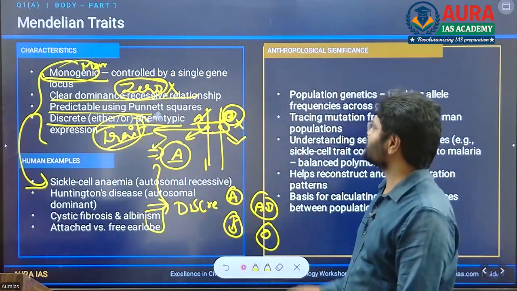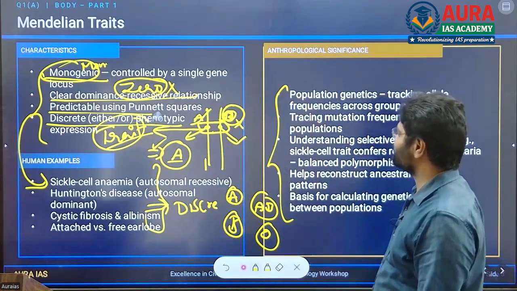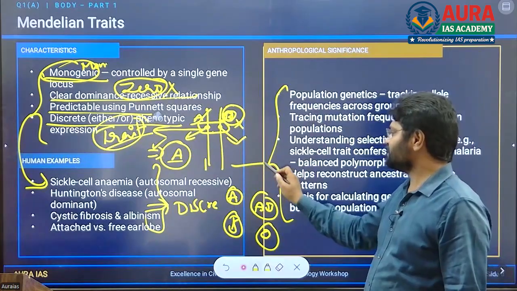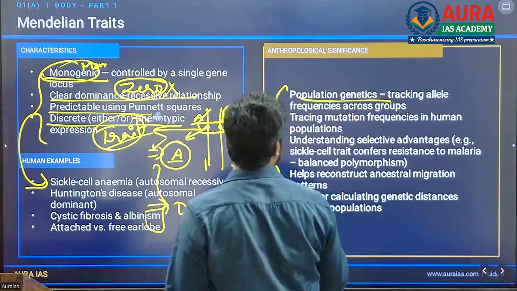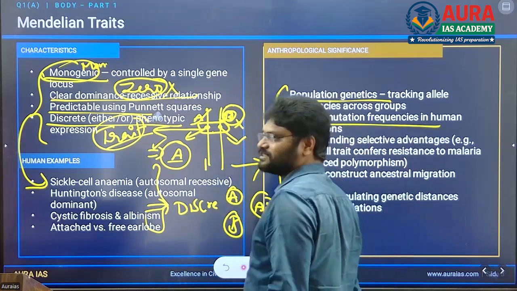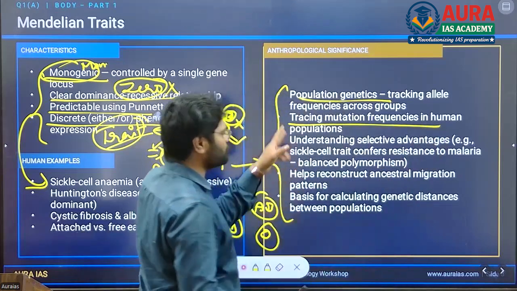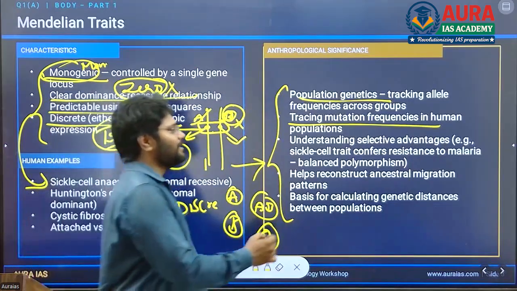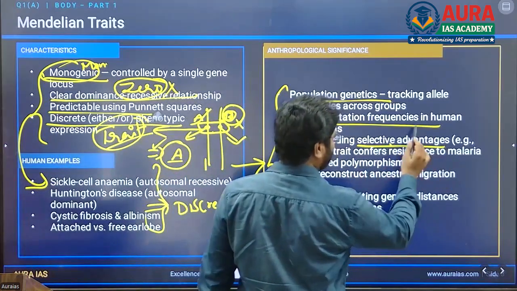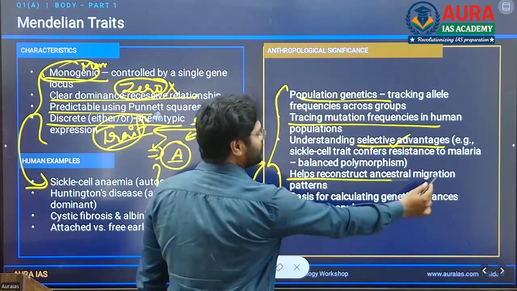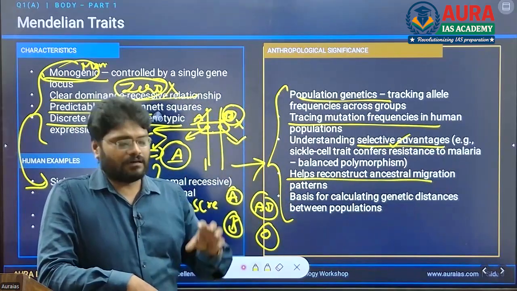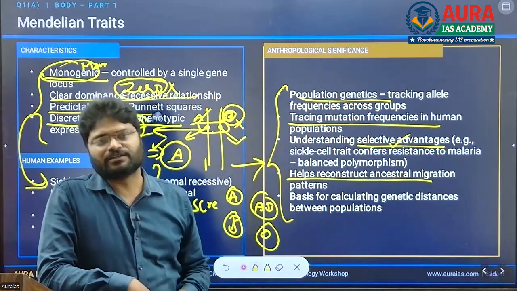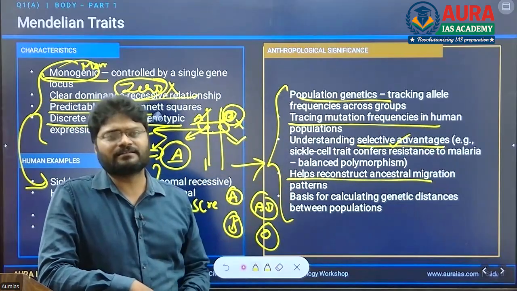When it comes to the next one, anthropological significance, you have to write immediately: Mendelian traits are very important for population genetic studies. Tracing mutation frequency in a population from generation to generation, understanding the heterozygotic advantage, that is selective advantage. It helps reconstruct migration patterns, like West Asian people migrating into India or Central Asian people migrating into India.